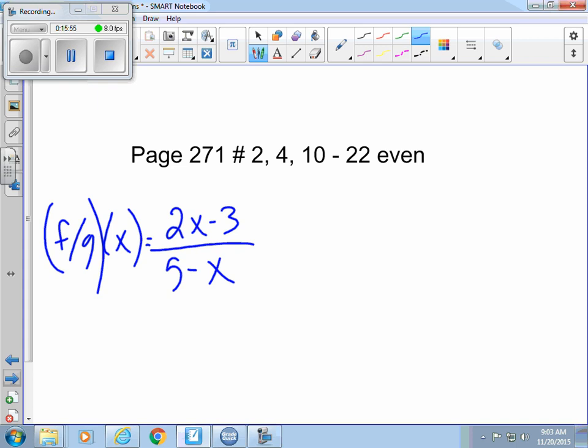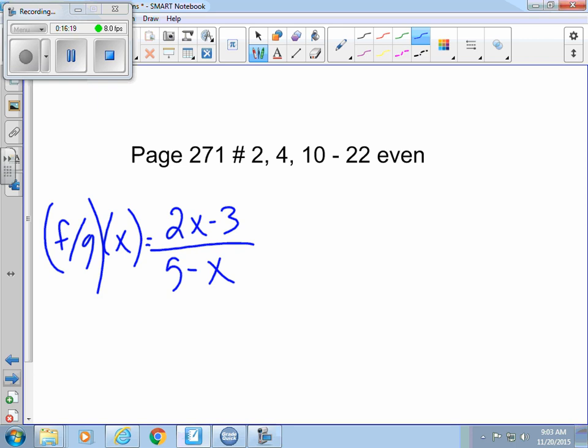If I tried to plug them in, my calculator would spit it out and say, no, you can't do that. When do calculators do that? When you try to divide by 0. What number would make you divide by 0? If x was 5.